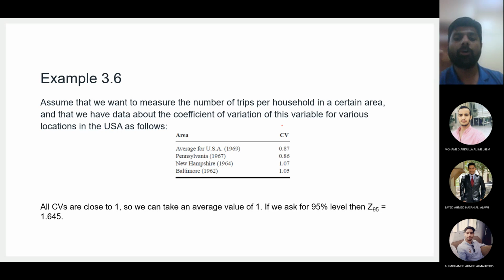Now the coefficient of variation is something which doesn't change with time. This is more the reason that you should go back and find out what the coefficient of variation is.